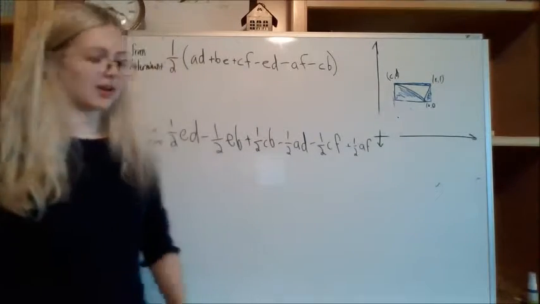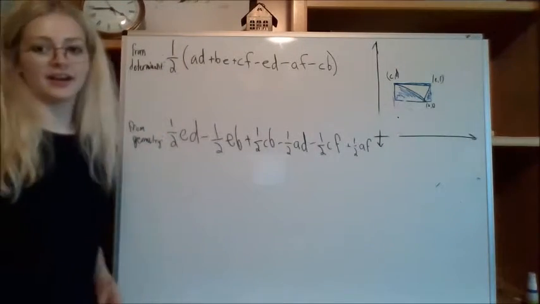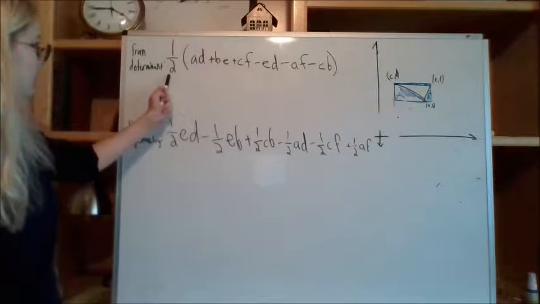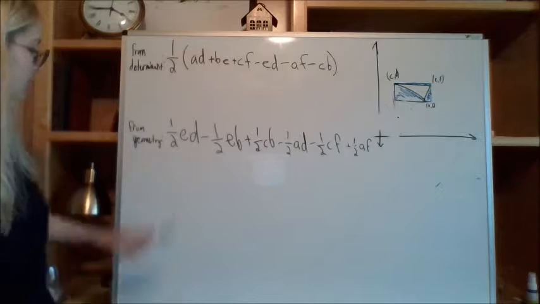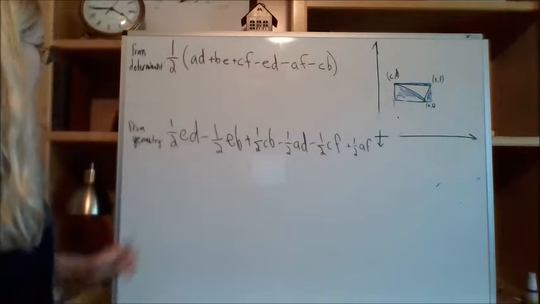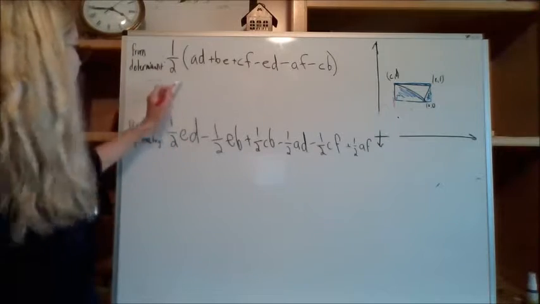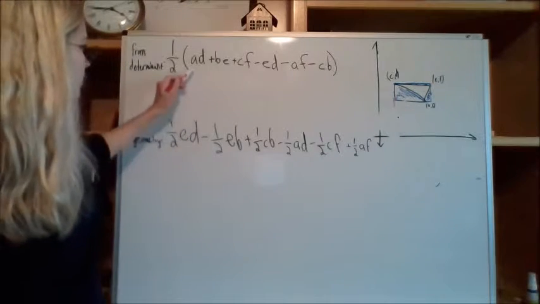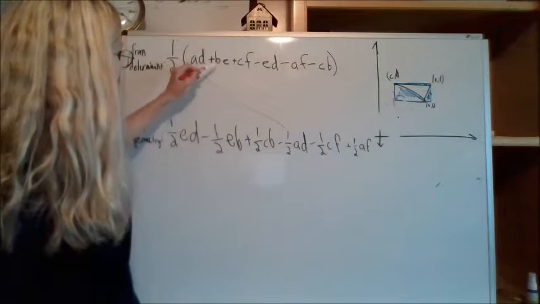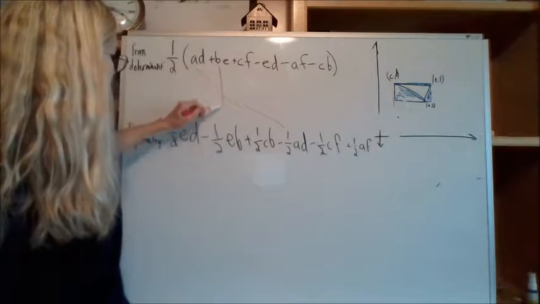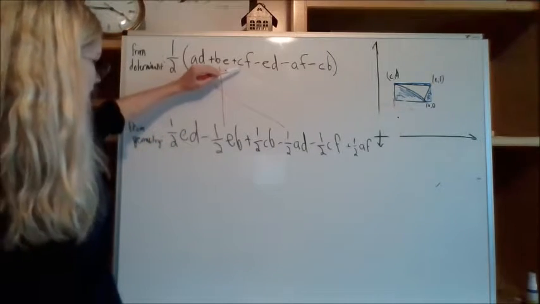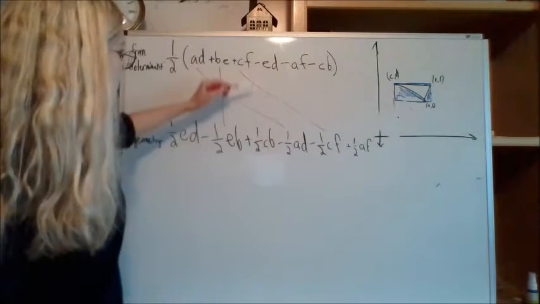So as I kind of cleaned up our board here, we can see that from our determinant method and from our geometric method, if we look at each term, we can see that 1/2 AD, negative 1/2 AD here. 1/2 BE, negative 1/2 EB. 1/2 CF, and so on.